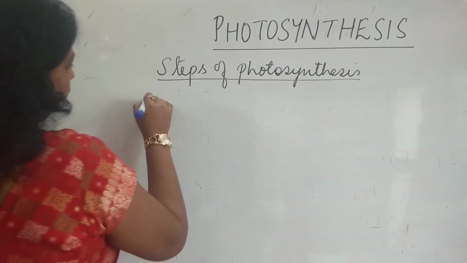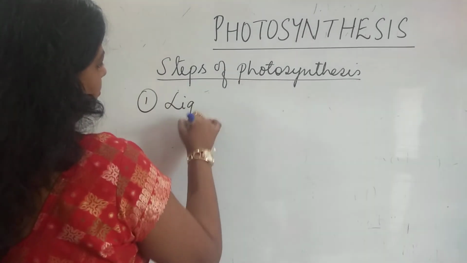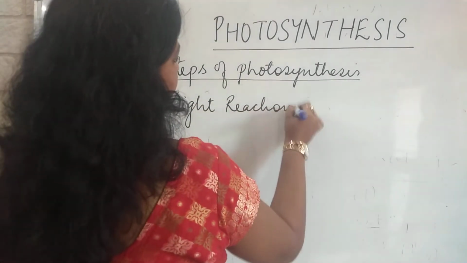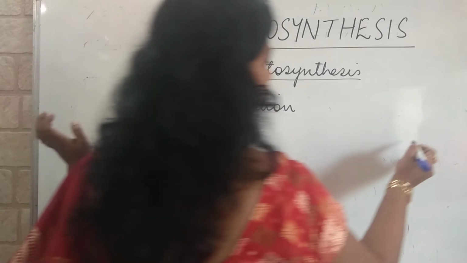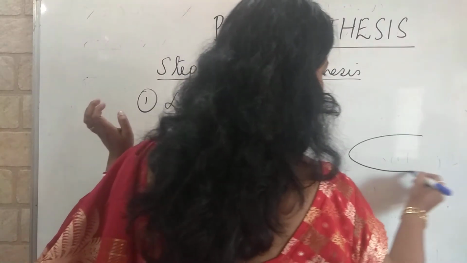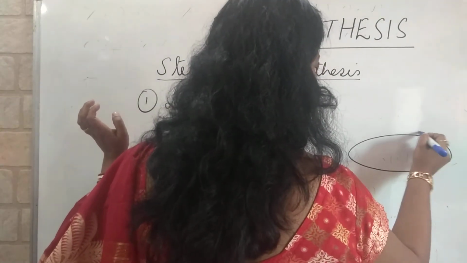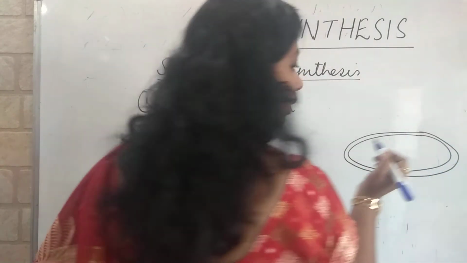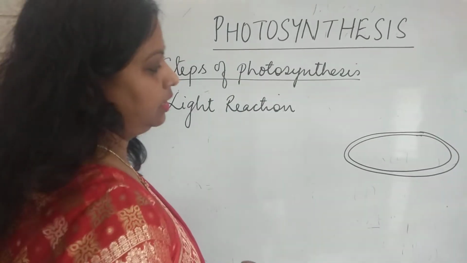We all know the structure of chloroplast. Chloroplast is a double membrane structure organelle present in plants.